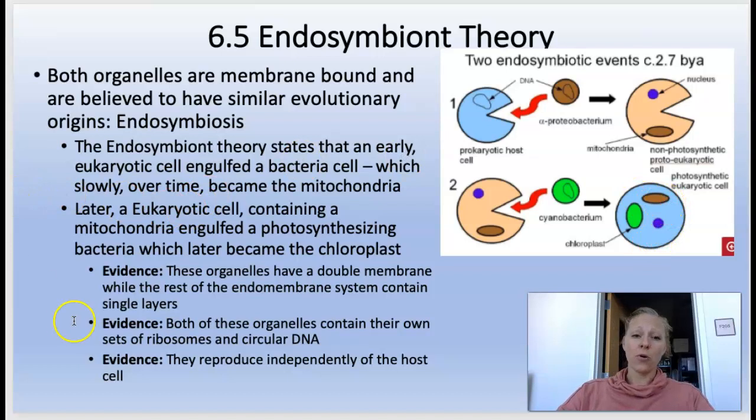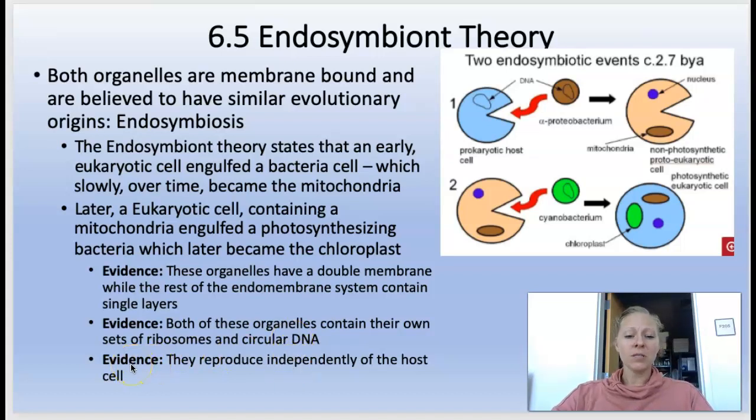So what is our evidence for this crazy story? Well, the evidence is that these organelles have a double membrane, just like the nucleus in a eukaryotic cell. Other evidence is that both of these organelles contain their own ribosomes and circular DNA. So both the mitochondria and the chloroplast have their own DNA, and their own ribosomes, so they make their own proteins to function on their own. So it has its own DNA, RNA, protein.